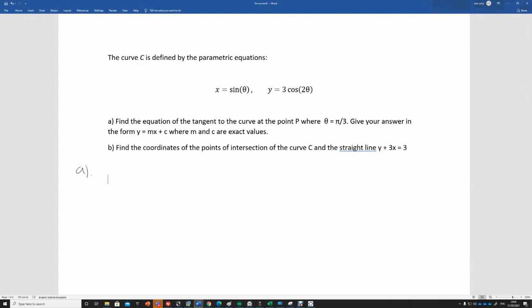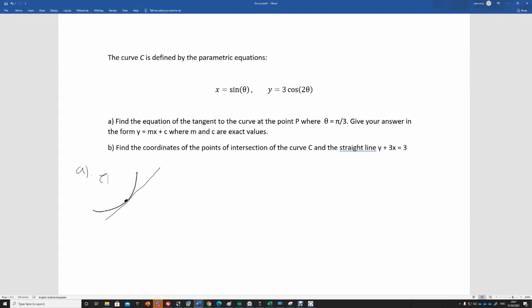Okay, so for part A, we want to work out the equation of the tangent to the curve. If I just do a quick sketch, I've got no idea if the curve actually looks like this at the point P, but let's say that it does. Let's imagine this is the curve C, and when theta is pi over 3, we're at this point. If I carefully draw a tangent line, there we go.